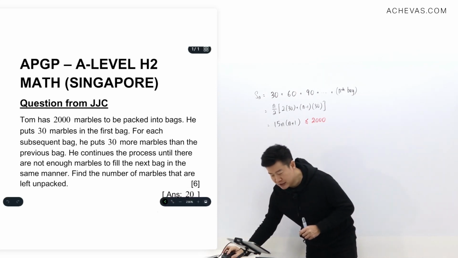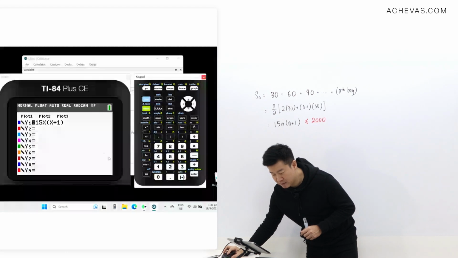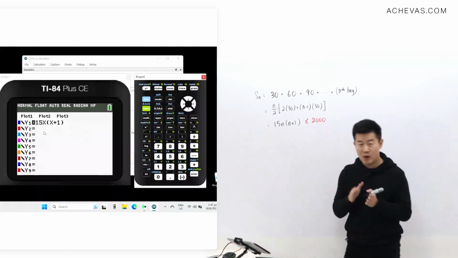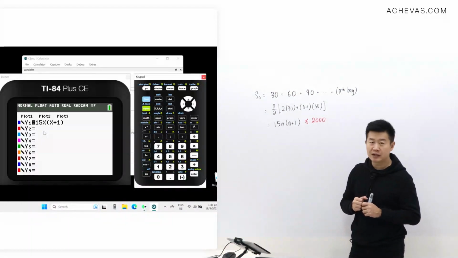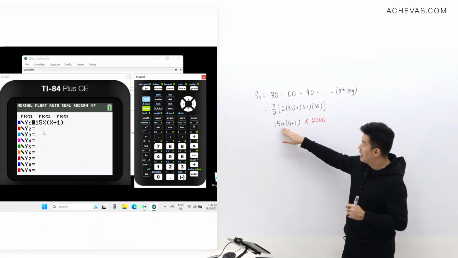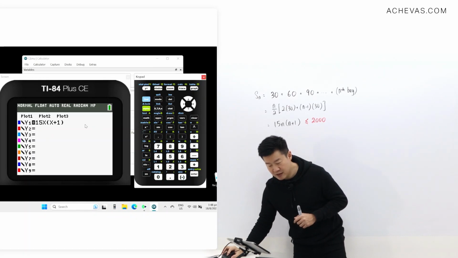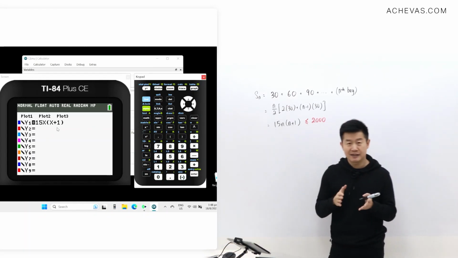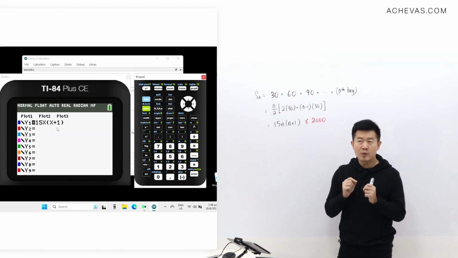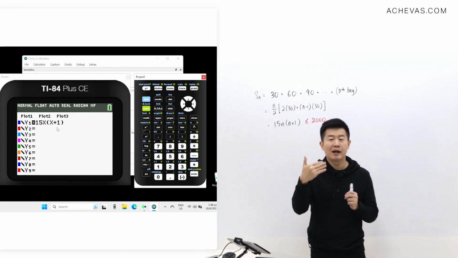So let's press Y equals on our graphing calculator, putting this 15n times n plus 1 into Y1, which I'm going to enter as 15x times x plus 1. What we want to do is let the calculator help me.